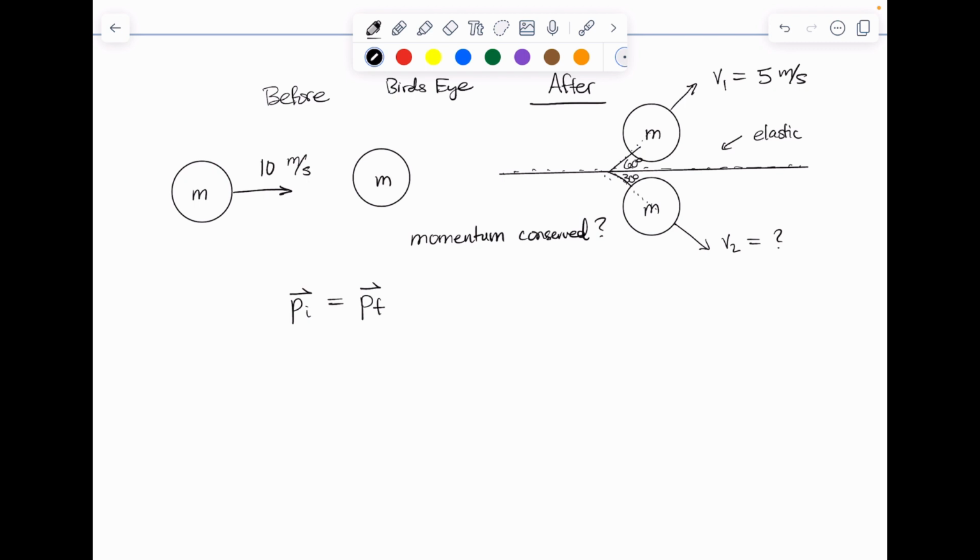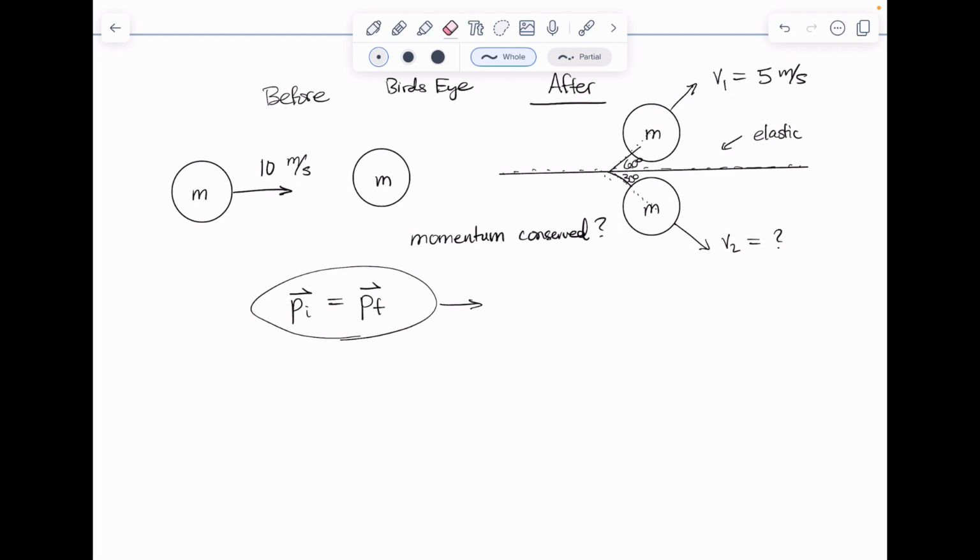Now, you don't really need to worry about the vectors until you get to this after case. And there's sort of two approaches you can take. The first approach is to use this equation and literally start writing vectors in terms of the bracket notations, right, that we learned sometime last semester, right? So stuff like this, right? And you could create equations out of that.